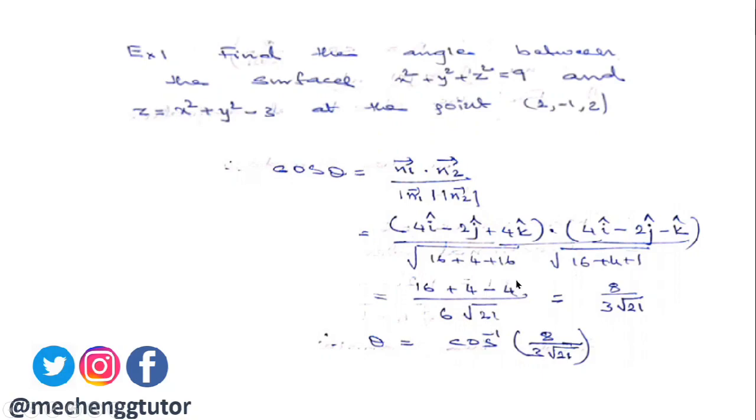Cancel 4 and minus 4, cancel common factor 2. So 8 upon 3 root 21 is the value of cos theta. From that you can find the value of theta, that is cos inverse of 8 upon 3 root 21. So this is the angle between the two surfaces.